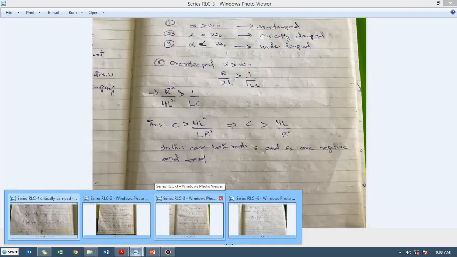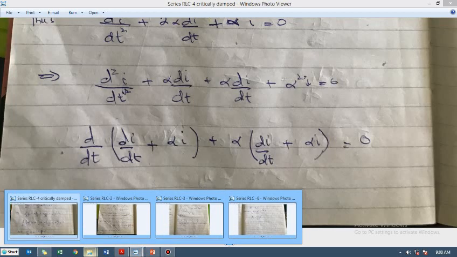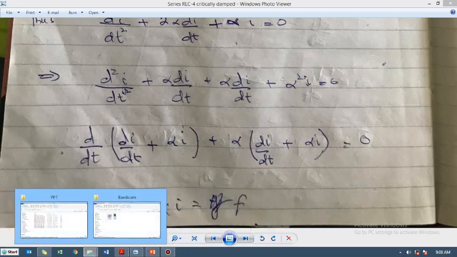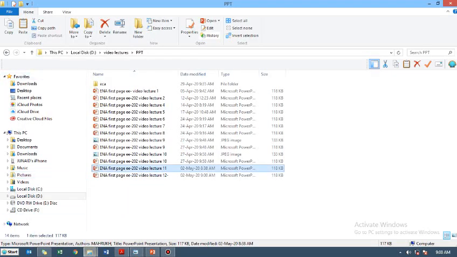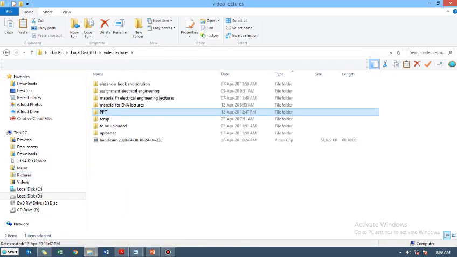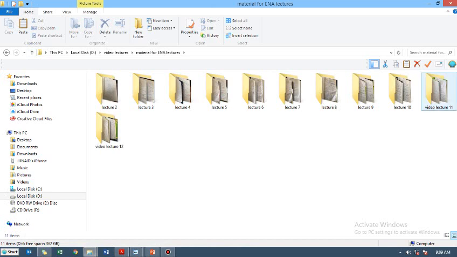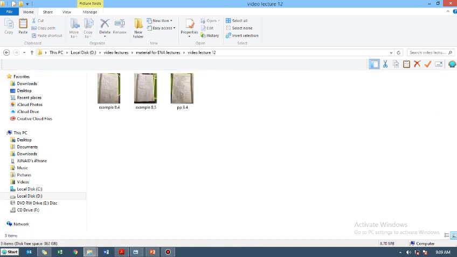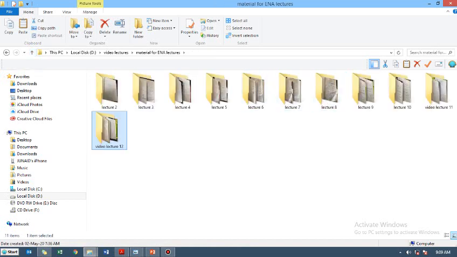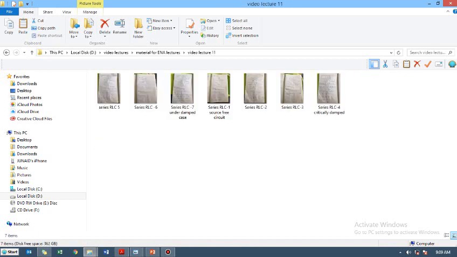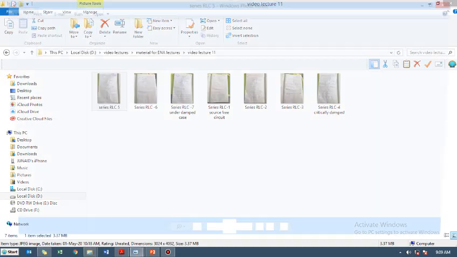The next page should be page number 5. Okay, I will take it out from here. Material for chapter number 11. Now the chapter has been split in two parts, so this is the material for lecture number 12, not 11.